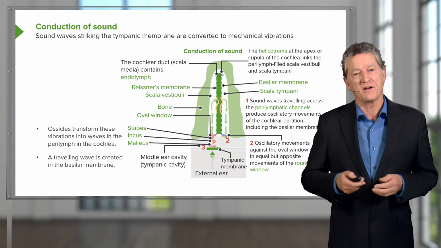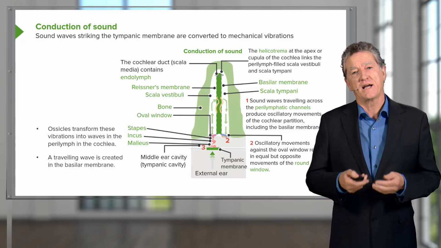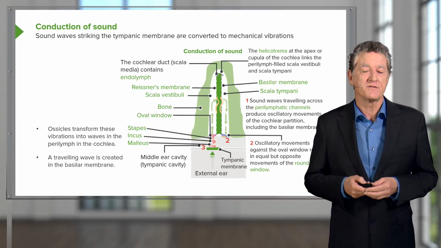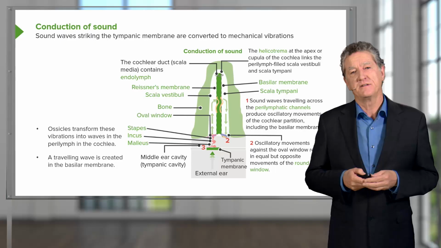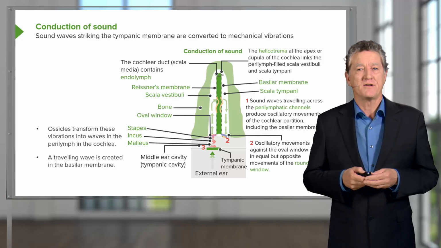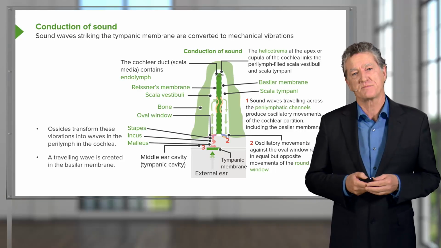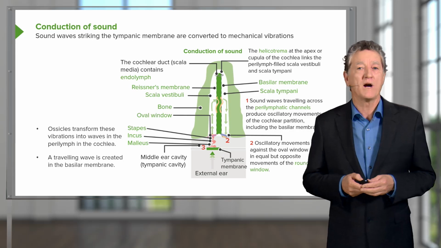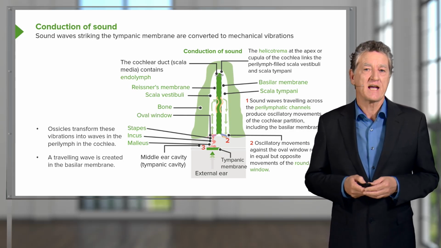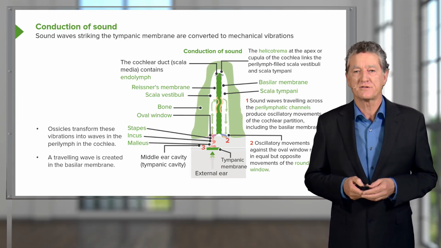So this allows different waves of displacement to be created depending on the frequency of the sound. And the amplitude of the sound will change. The amplitude will create various degrees of displacement. And that amount of displacement will be the way in which we can perceive the actual loudness of the particular sound, not just the frequency.